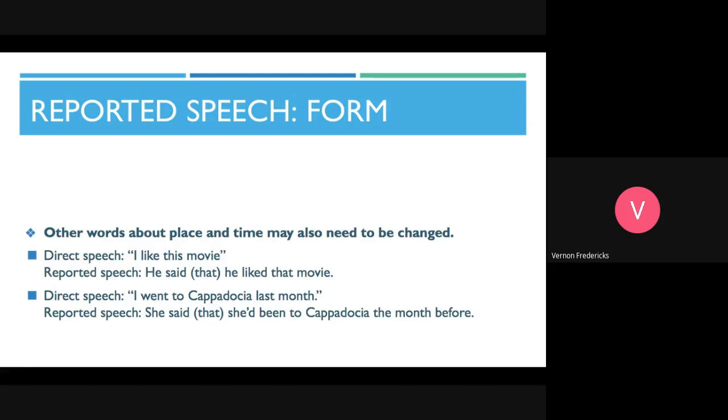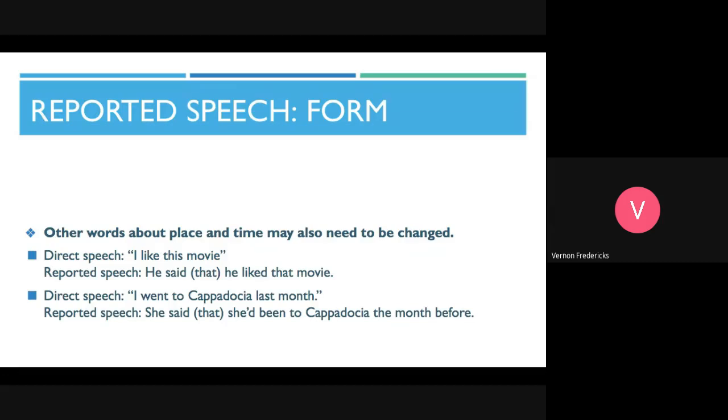Reported speech: She said that she had been to Cappadocia the month before. So in the first example, I like this movie, present simple. The reported speech, he said that he liked that movie, past simple.